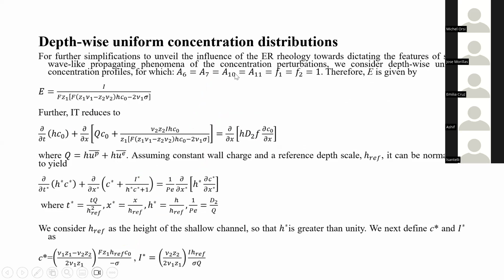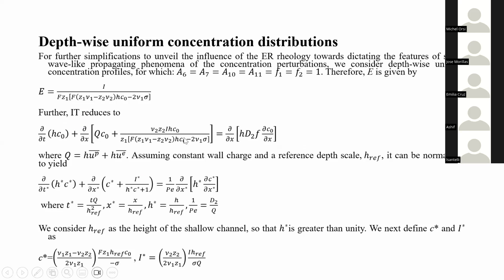Which means all the concentrations C1, C2, C1P, C2P, C1E, C2E are equal. In that case, we can calculate the electric field as a function of I and these variables. Then the main equation reduces to this.